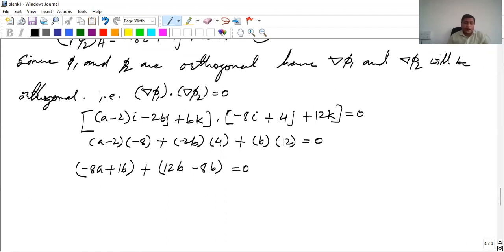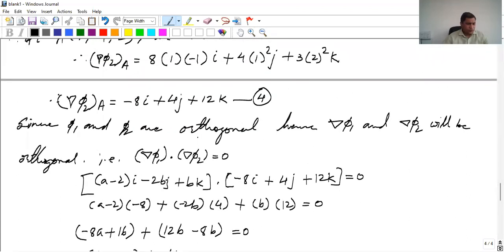What we get here, the sum: 16 minus 8a plus this term, 4b is equal to 0. Are you getting this? Yes, sir. Okay, so we got this.